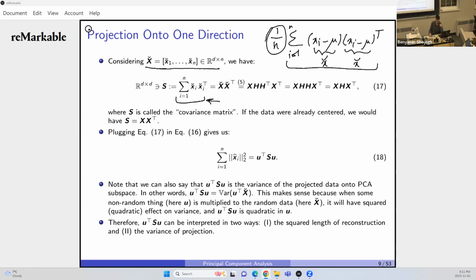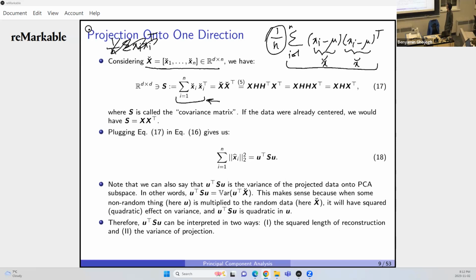Let me tell you this way: if before calculating the covariance matrix you remove the mean, the covariance matrix formula becomes very simple. It becomes 1 over n summation of xi xi transpose, if you already removed the mean beforehand, because the mean mu goes away, it will be 0. Interesting, right?